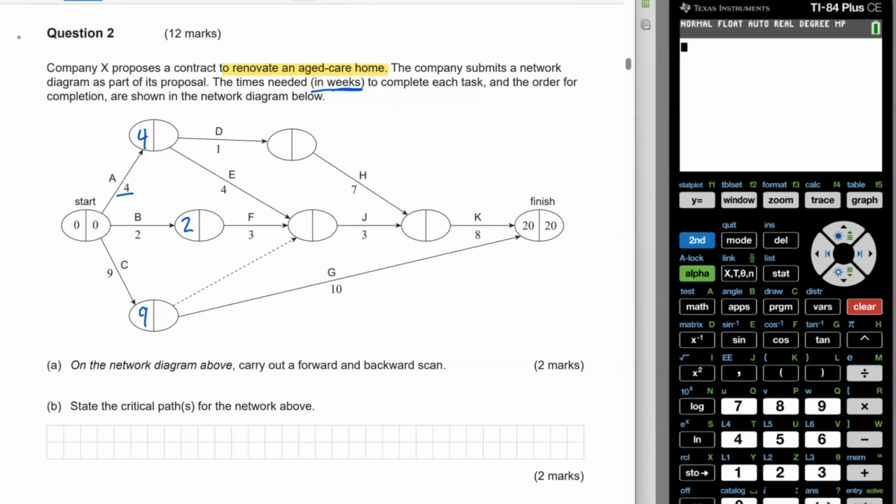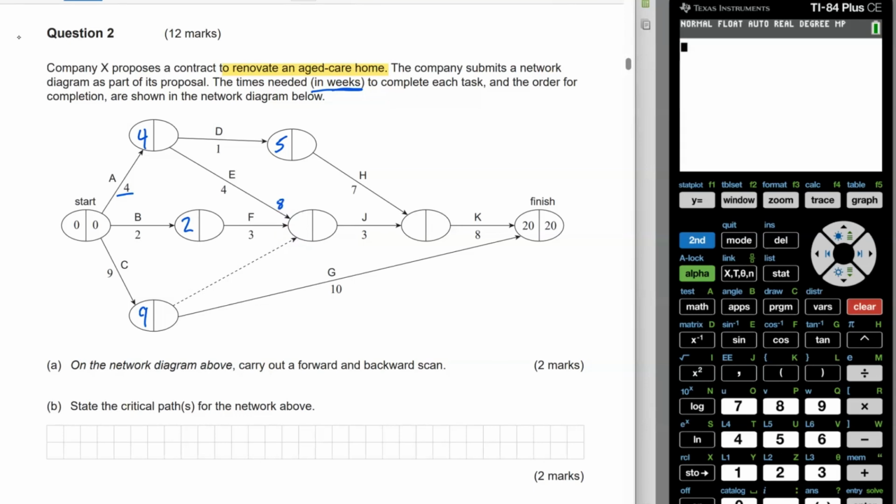Now, when I go to move on, I can put my 5 over here for D, which is 4 plus 1. But down here, you can see I've got more than one task which are converging on the same node. When this happens, I have to take my largest value, and the reason for this is that all the tasks have to be completed before the next task can begin, which in this case is task J. So I need to just go through and find my biggest number.